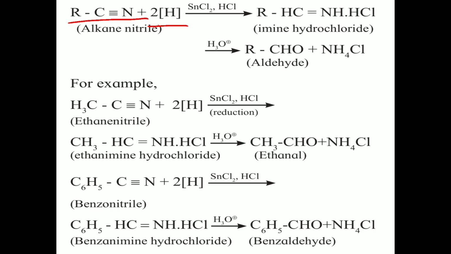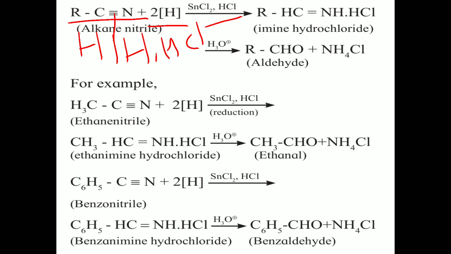Now here reduction occurs, that means the triple bond is converted into the double bond compound and H2 has to be separated as H, H, which means one H goes to this carbon and the second H goes to this nitrogen. With SnCl2 and HCl, the HCl goes here also.